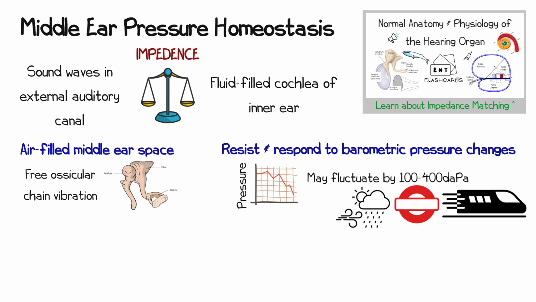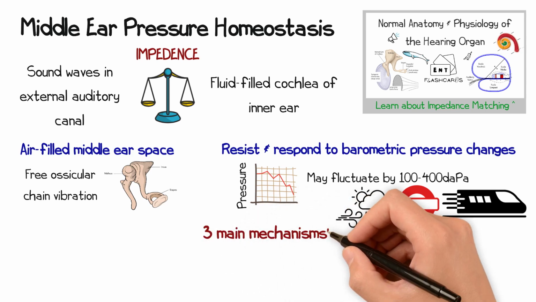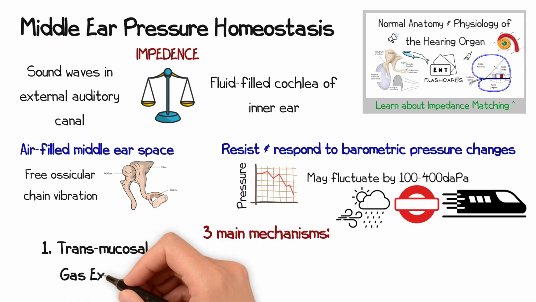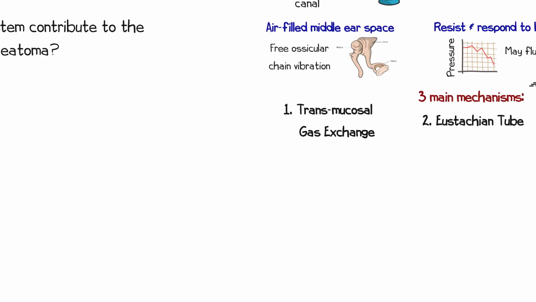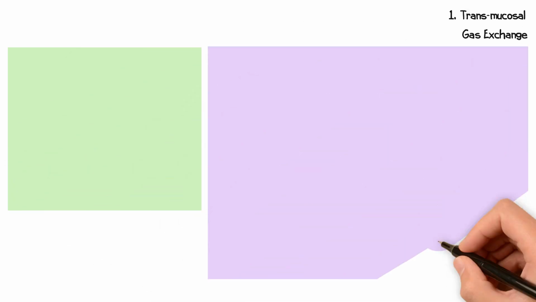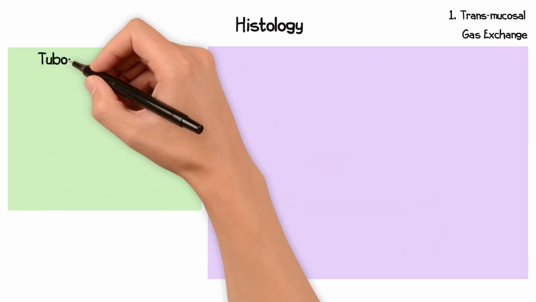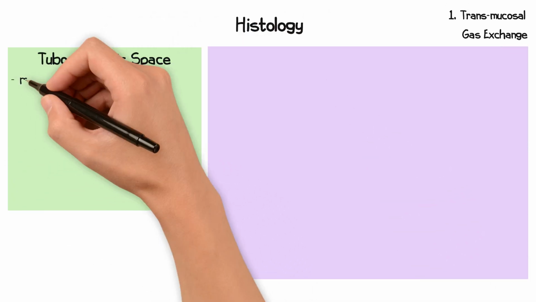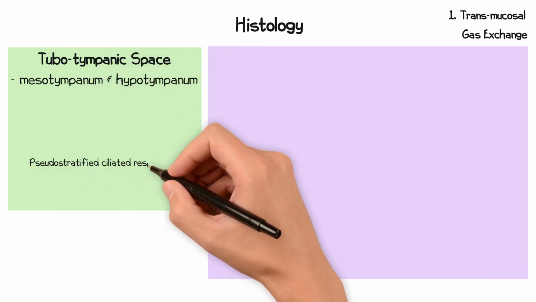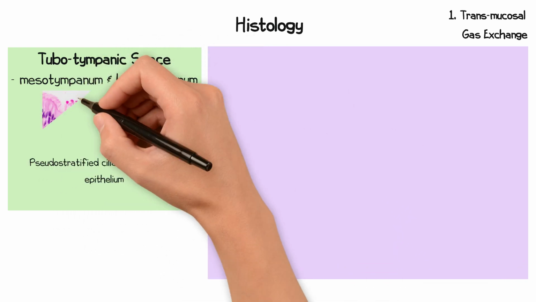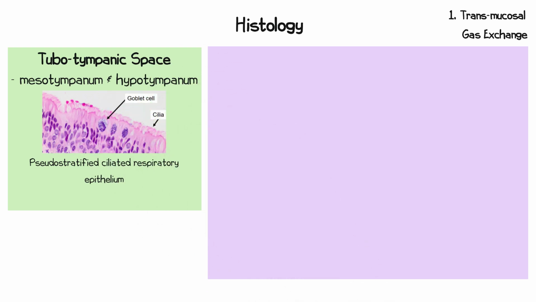Middle ear pressure is regulated by three main mechanisms: the transmucosal gas exchange mechanism, the Eustachian tube, and the mastoid buffer. The middle ear and mastoid are lined by two different types of epithelium. The tubotympanic space, including the mesotympanum and hypertympanum, is lined by pseudostratified ciliated respiratory epithelium with goblet cells, just like the sinuses.